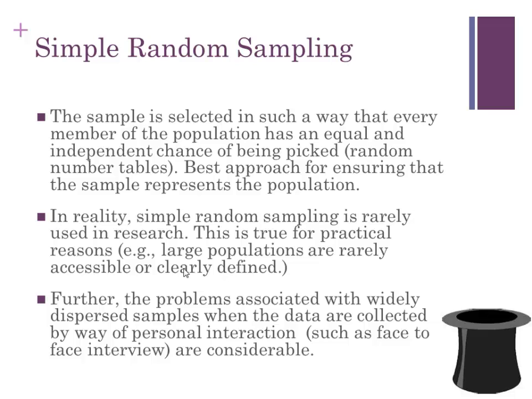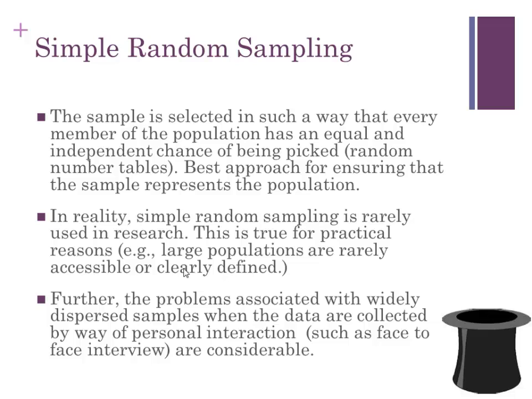Once I've selected a name from my hat there, the selection of that person has changed the odds for everybody else. So now you have a 1 in 29 chance of being selected, which is slightly different. So in random sampling, I actually have to put that name back in the hat, and in that way every member will have an equal and independent chance of being picked. So that's the idea there.